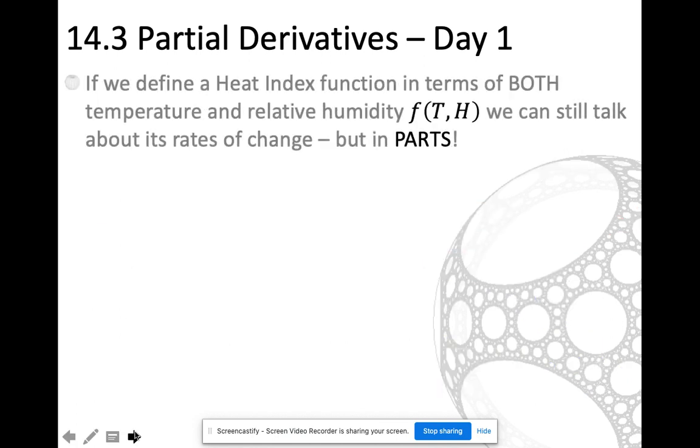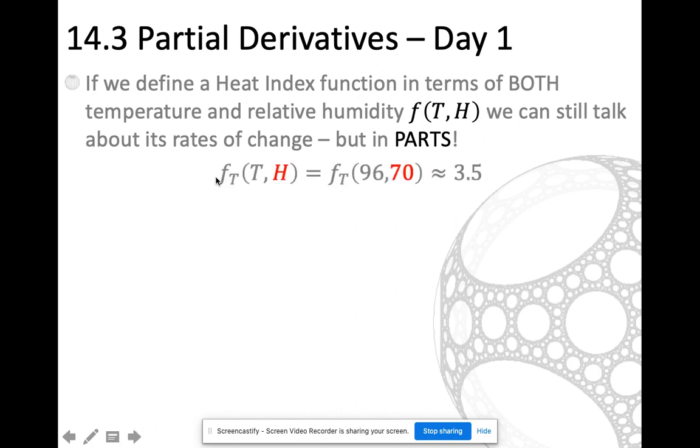So if I define a heat index function in terms of both the temperature and relative humidity, I can still talk about those separate rates of change. In parts though.